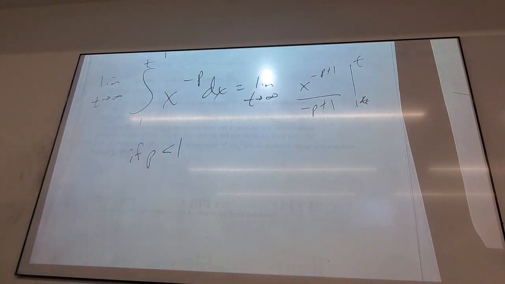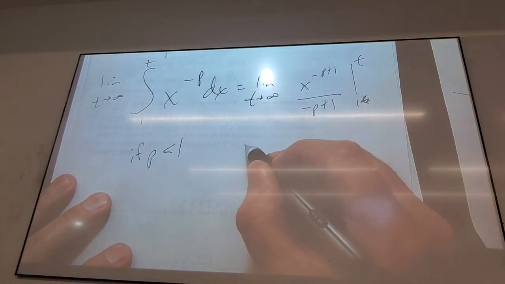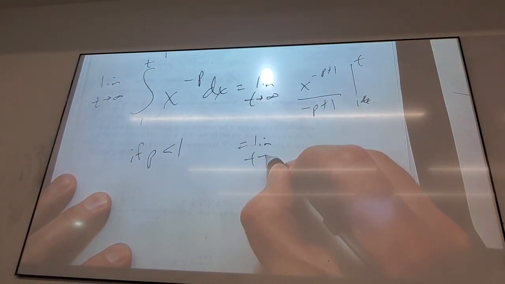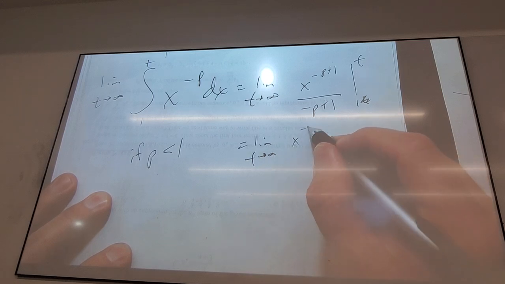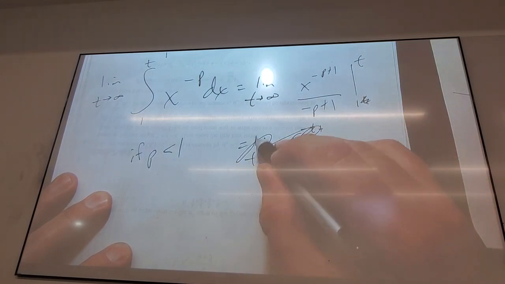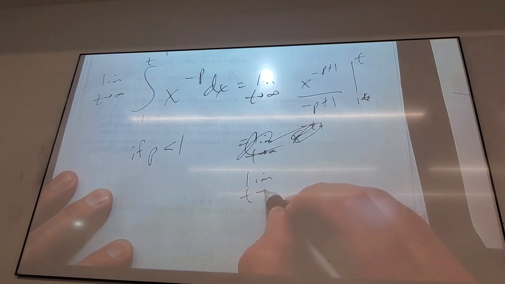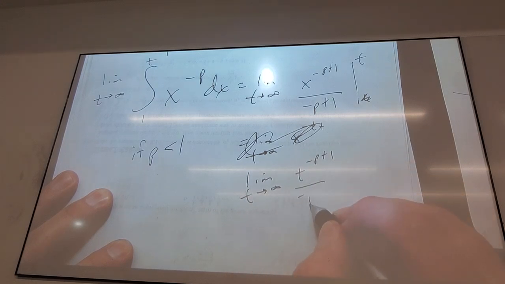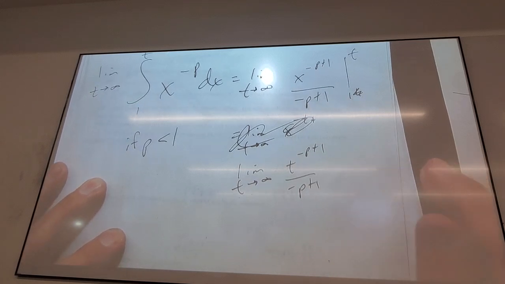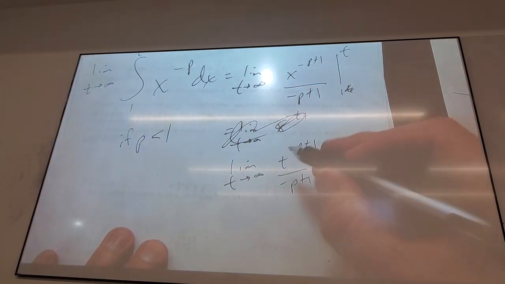Let's go one more step here. Actually, technically it would be positive. This would be t to the negative p plus 1 over negative p plus 1. I'm going to plug a t in. Is that cool?